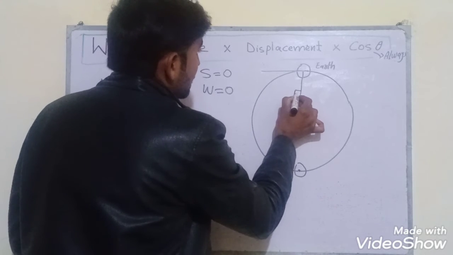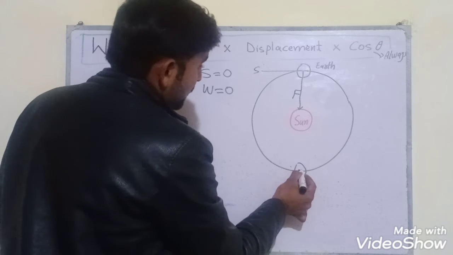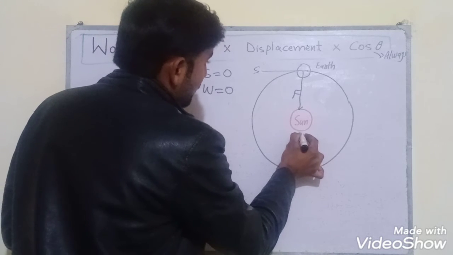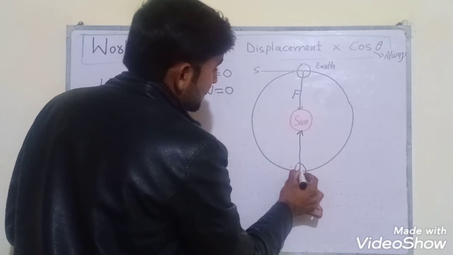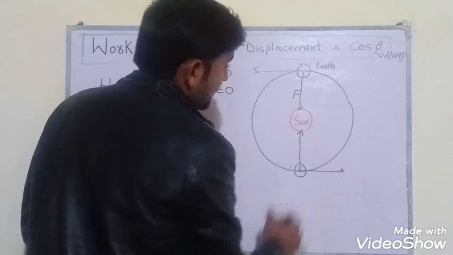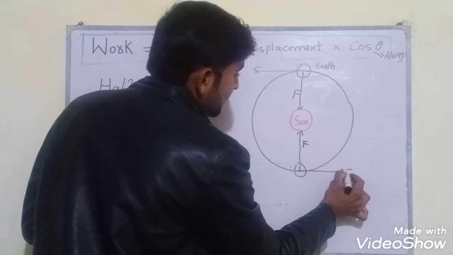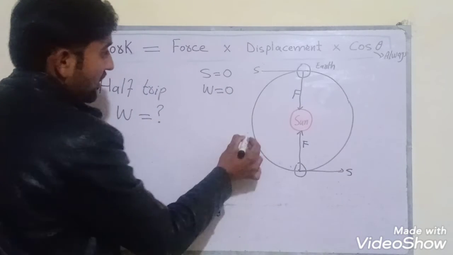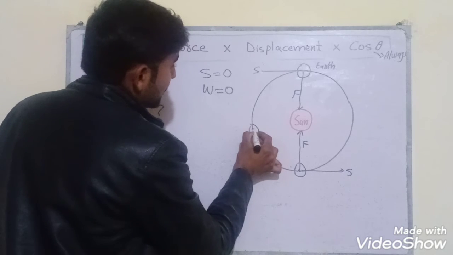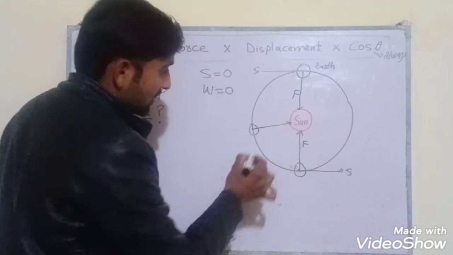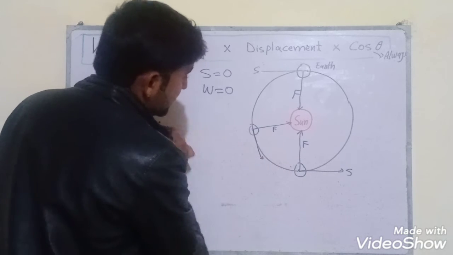Force and displacement on this position: force is in this direction, and Earth is going in this direction. Force of attraction and displacement on this position: force is in this direction, and displacement is in this direction.